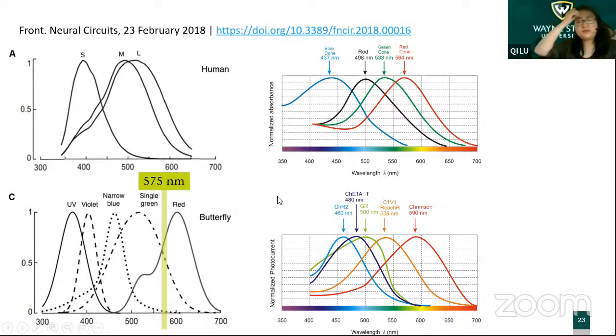And for this long wavelength opsin, the optimal stimulation wavelength is quite long, at 575 nanometers.